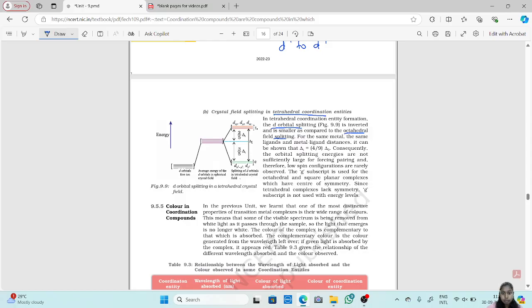For example, for the same metal, the same ligands and the same metal-ligand distances, it can show delta t, that is tetrahedral, equal to 4/9 delta naught.